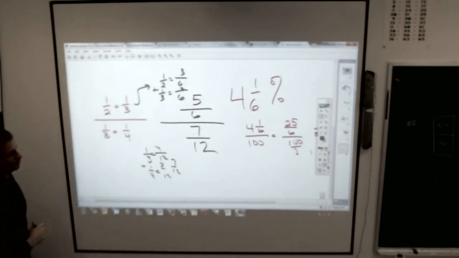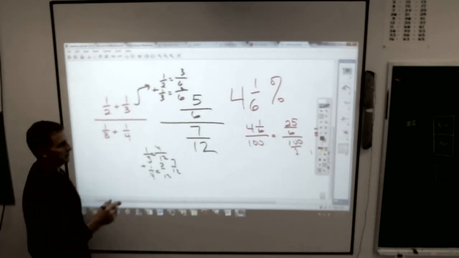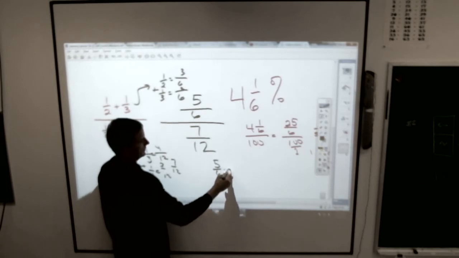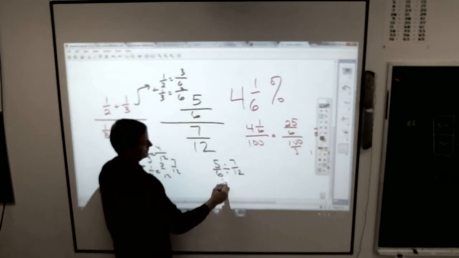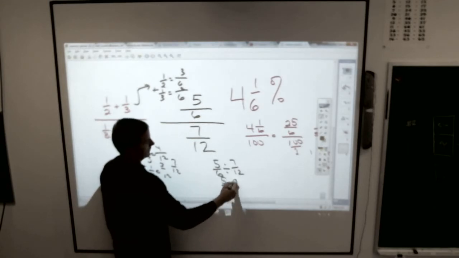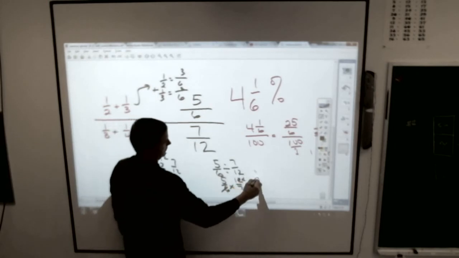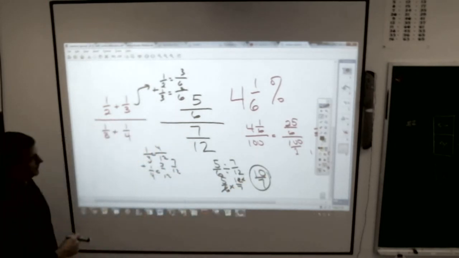Now I've got it down to 1 single fraction on top, 1 single fraction on the bottom, and then it's just like the last 2 problems. 5/6 divided by 7/12, which is 5/6 times 12/7. Looks like you get 10/7 there.